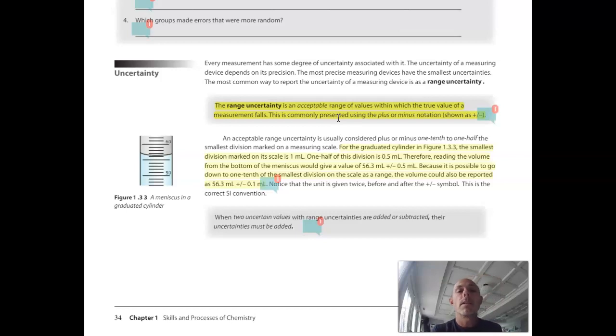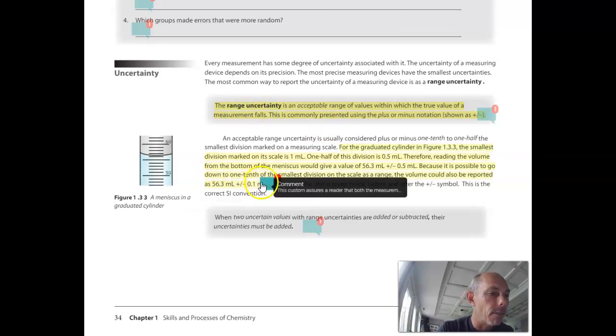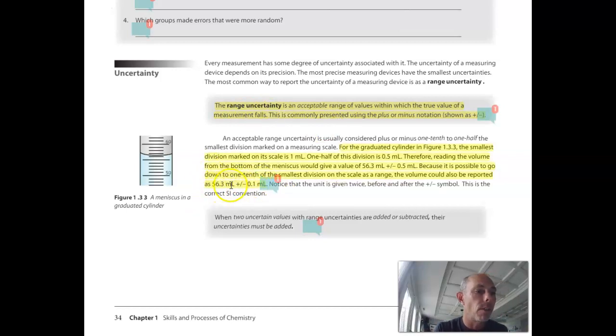When we make our measurements, we aren't going to express the range uncertainty. Rather, there's going to be an expectation that it's also always going to be plus or minus 1/10 of that very last digit. And I'll talk with you about what that means in a moment. And if we look here at 56.3 milliliters, that's plus or minus 0.1, what we would write if we were using this graduated cylinder is just 56.3.